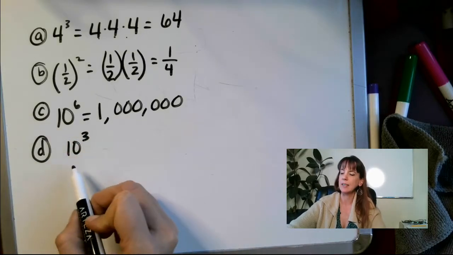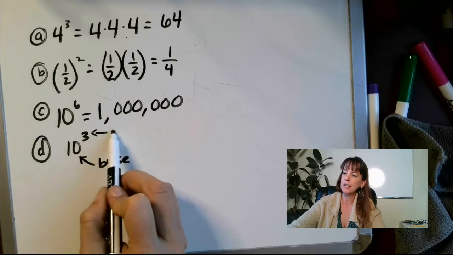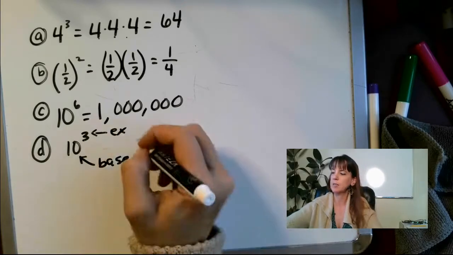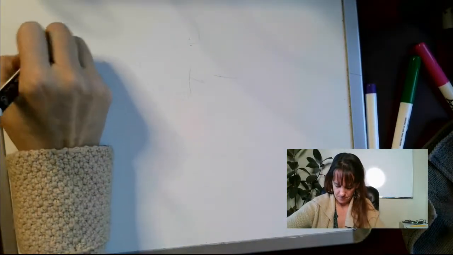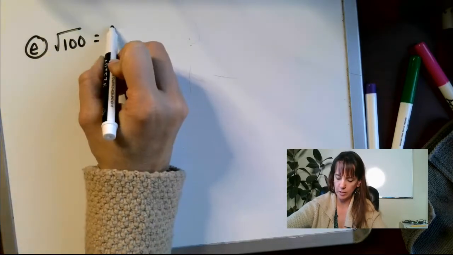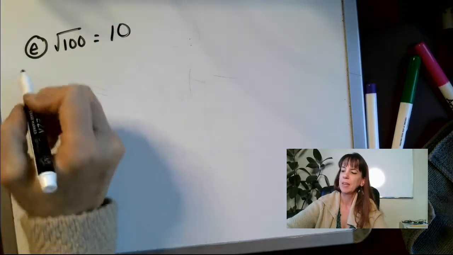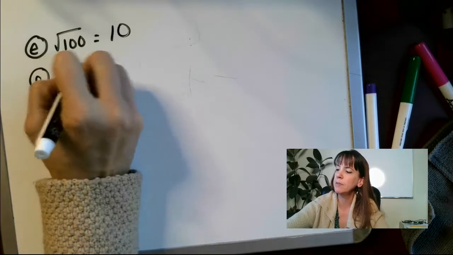D, in the expression 10 to the 3rd, what number is the base and what is the exponent? This guy right here is your base. This is your exponent. Okay, exponent. E, square root of 100 equals, look at your chart, 10. F, square root of 400.